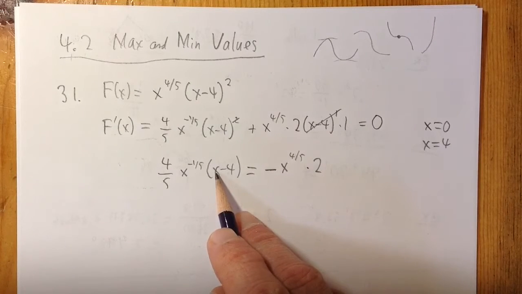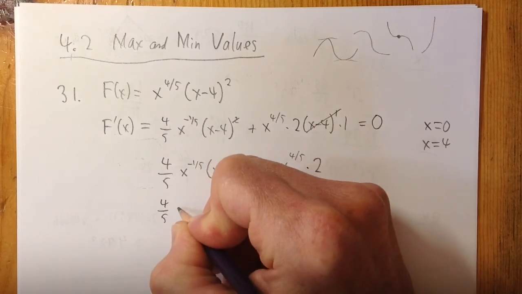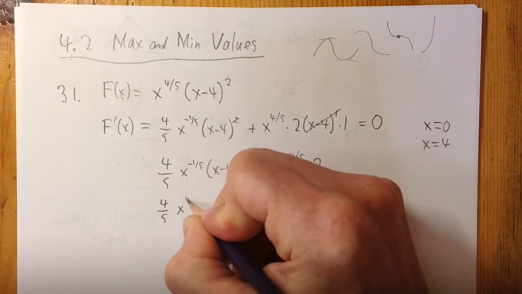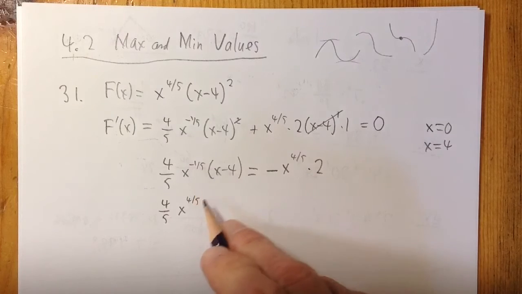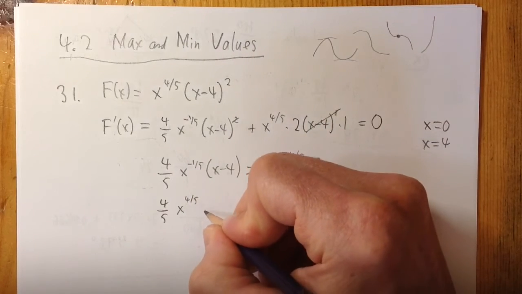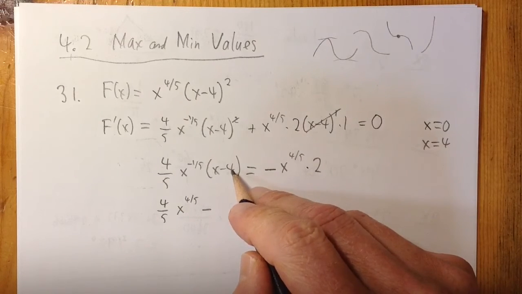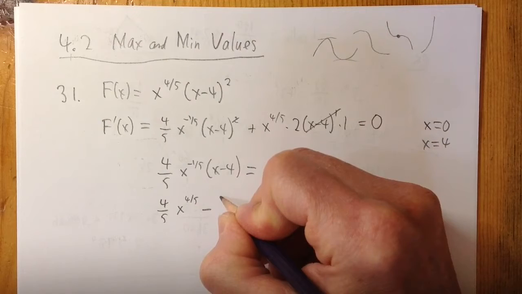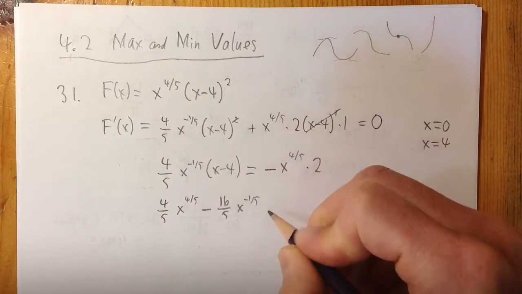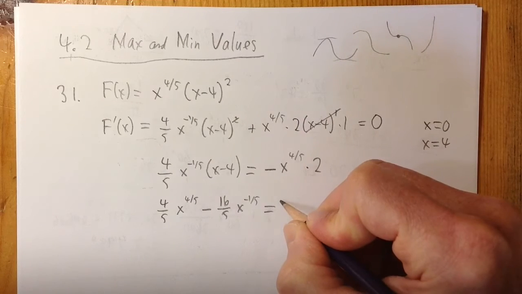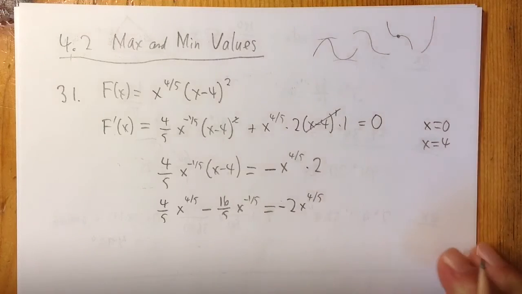That's x to the 5/5 minus 1/5. So that's 4/5 x to the 4/5, because 5/5 minus 1/5, you add exponents, is 4/5. Yep, that's right. Minus, and then we have just 4/5 x to the negative 1/5 times 4, so that would be 16/5 x to the negative 1/5, equals, I can put the 2 first, negative 2 x to the 4/5.